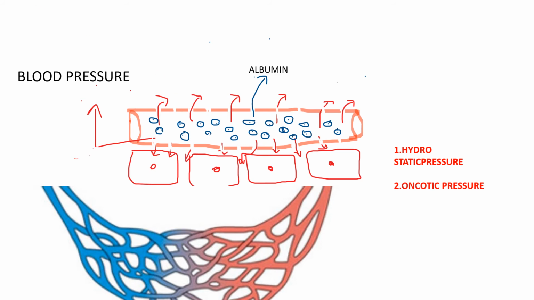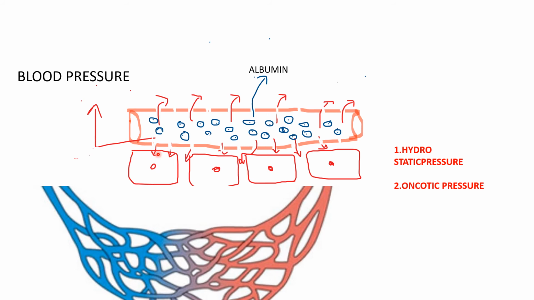And the second will be, as I told, when the blood flows into the blood vessel or the blood capillary, there is blood pressure. That pressure allows the fluid to push down. That is called the hydrostatic pressure. What happens if there is any increase in the blood pressure, that is hypertension?